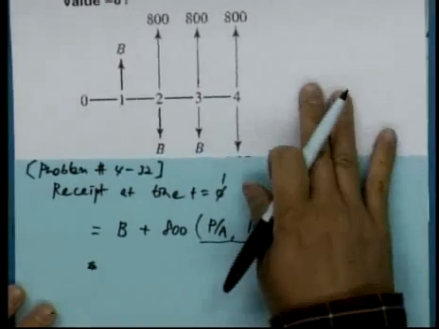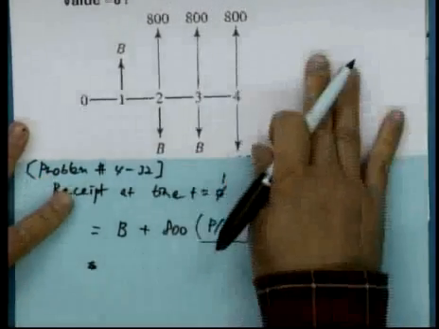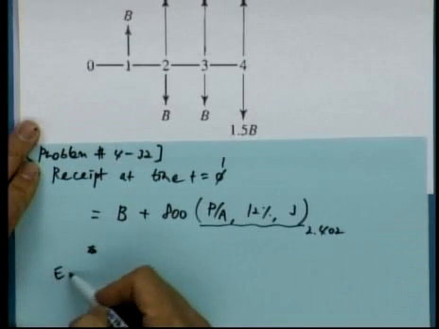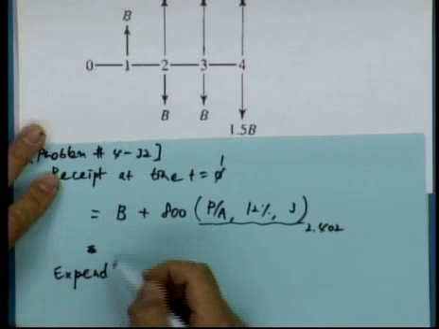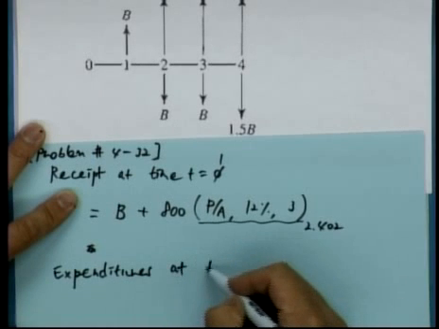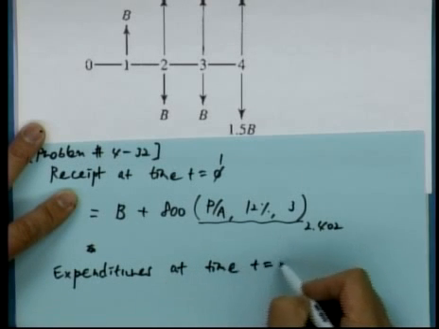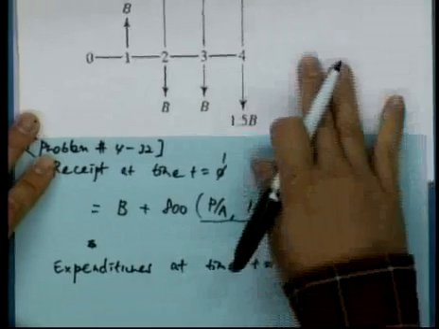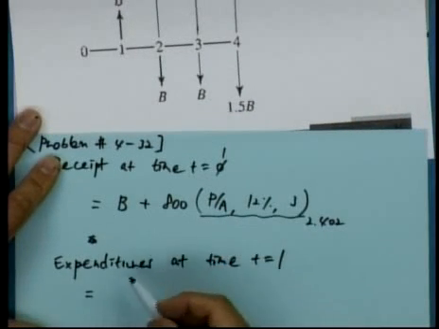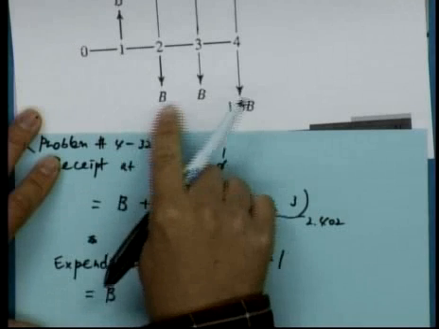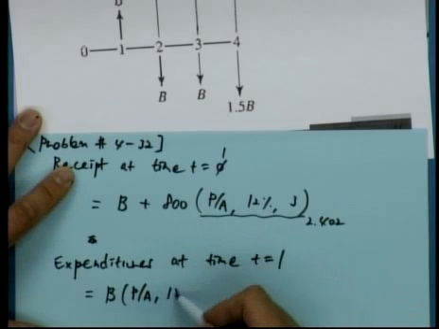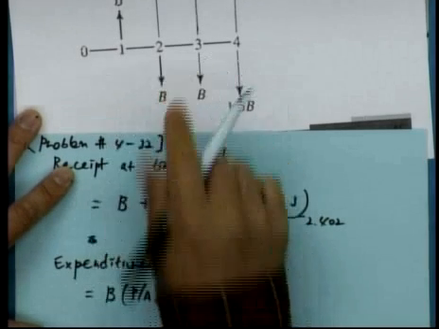And what about this negative cash flow? The expenditures at time t equals 1 again. That's going to be B, those two B's, P given A 12% over 2 periods, right?